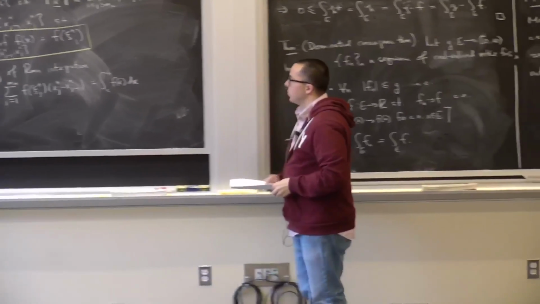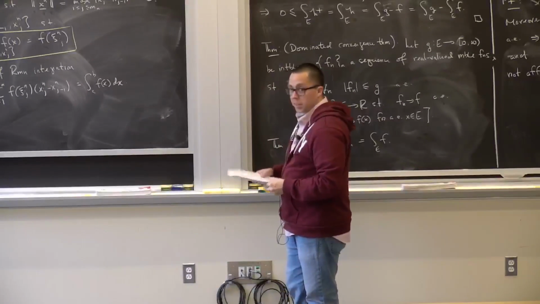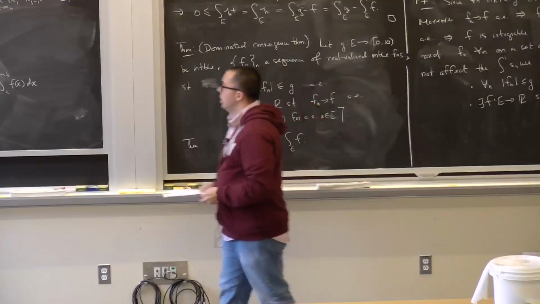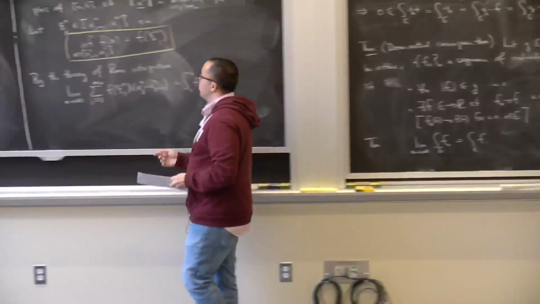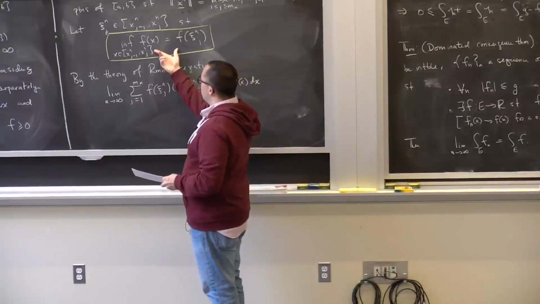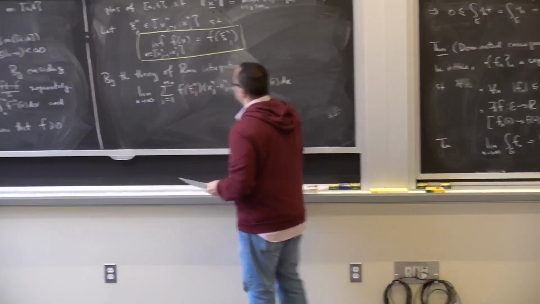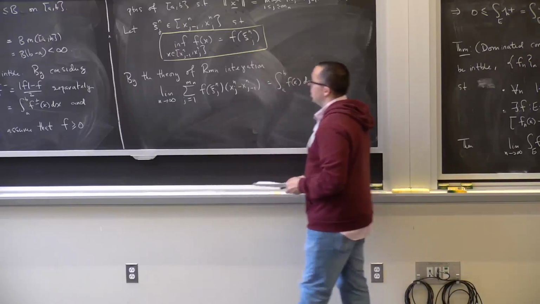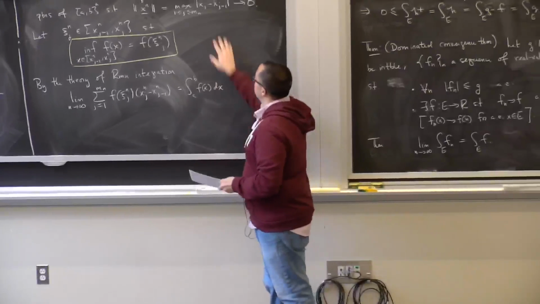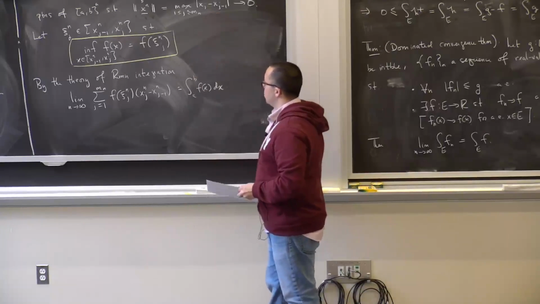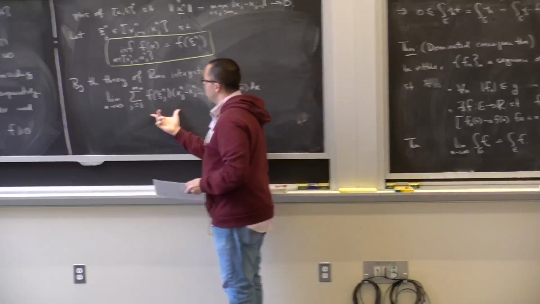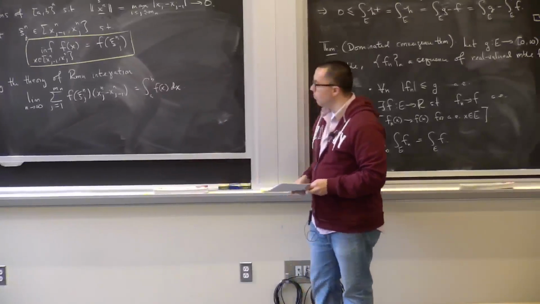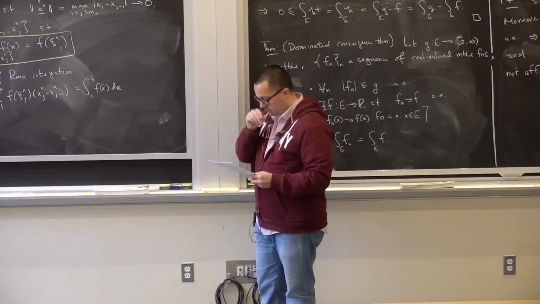Okay? For a continuous function. This should have been covered in your introductory analysis class, that if you like, this is the lower Riemann sum, and as long as you're going along a partition so that this quantity here is going to 0, then the associated Riemann sums converge to the Riemann integral. Okay? All right.